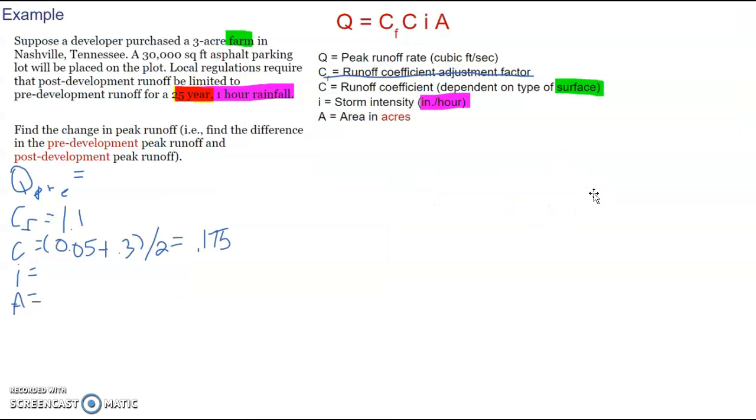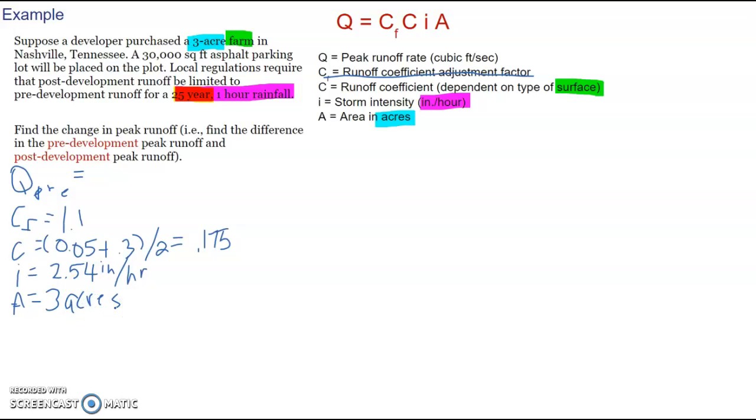Okay? So I'm going to add that in. Then our A is our area, and our area that they gave us was 3 acres. Area should be in acres, so we're good. So we can go with 3 acres.